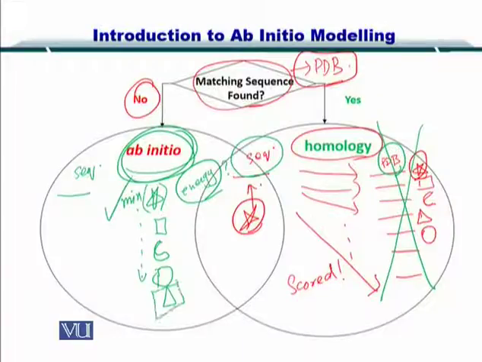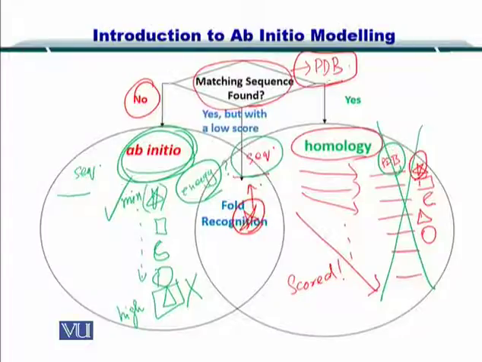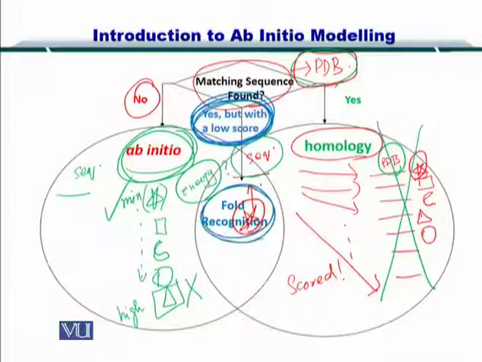The one with higher energy is rejected. Of course, there could be a situation where you find something in the PDB, but it has a low score. In this case, you used fold recognition or threading. This is why ab initio modeling is quite useful for cases where you don't have the structure from the PDB.